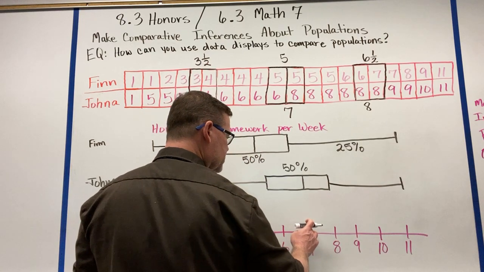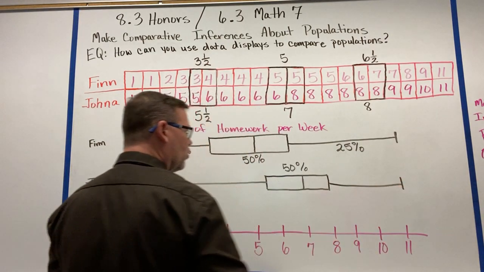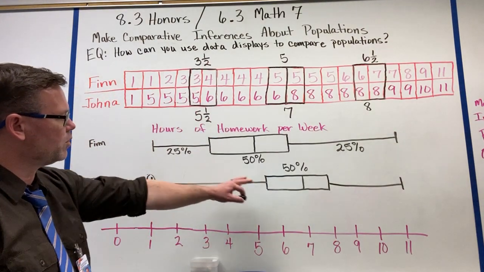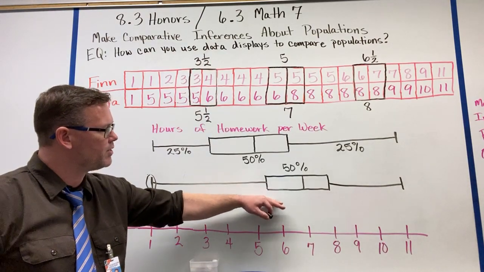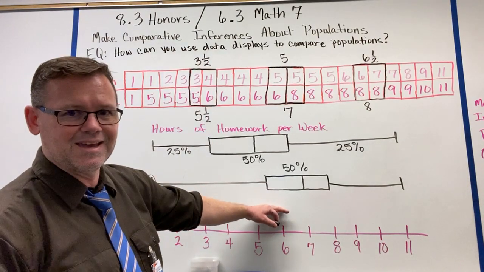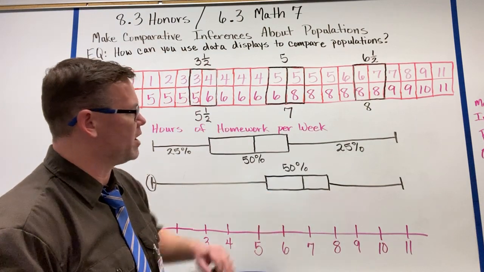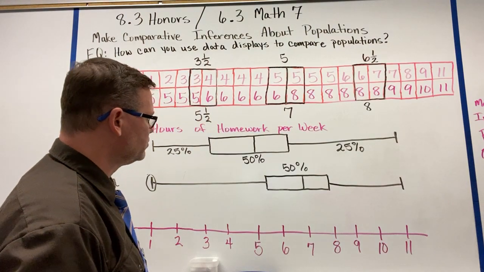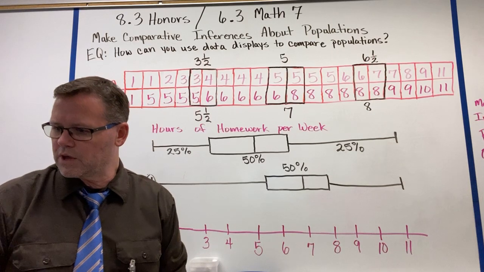This is only 4 away from 7, and this is 6. The main reason we're looking at that outlier more is because we already have a hypothesis that this would be the one that has the greater amount of homework hours. That might seem contradictory, but we're going to prove it.